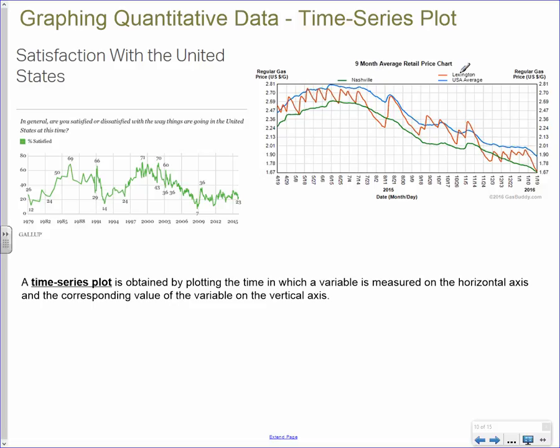This 9-month average retail price chart, something we like to see with the gas prices decreasing. Now this was at the beginning of the year, so I haven't updated it. It's kind of gone back up just a little, but still not like where we were this time last year, so not too bad. But anyway, you can see overall the trend is that it's going to go down. Even though you have these spikes here and there, there is an overall trend.